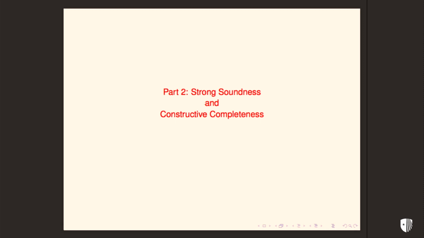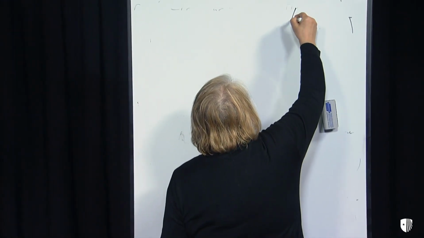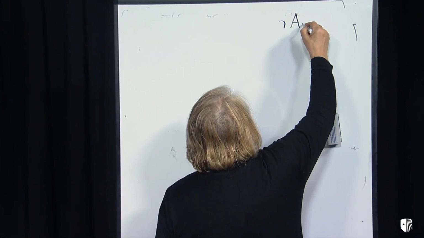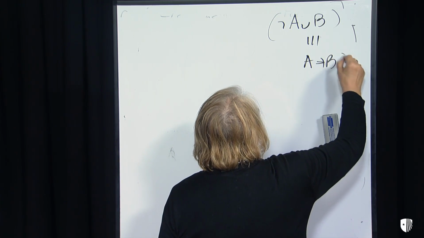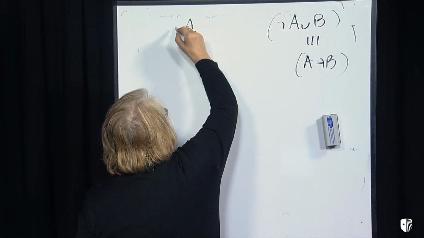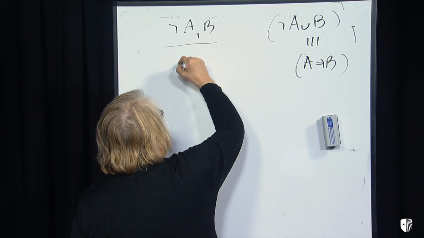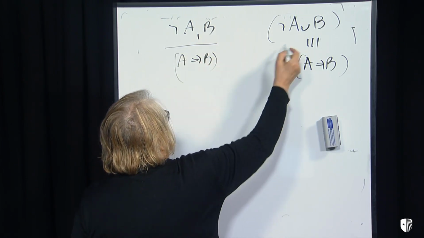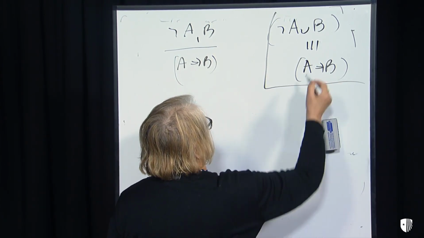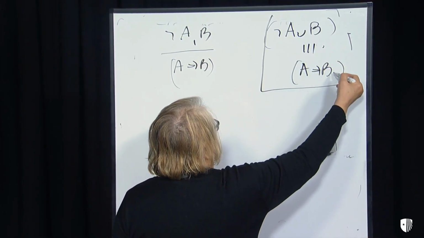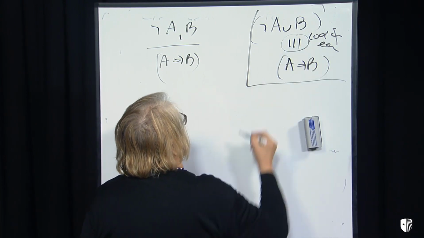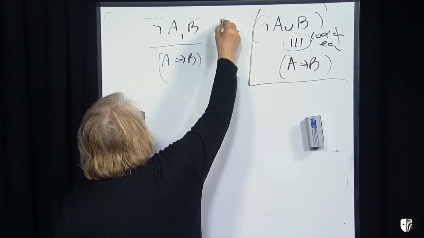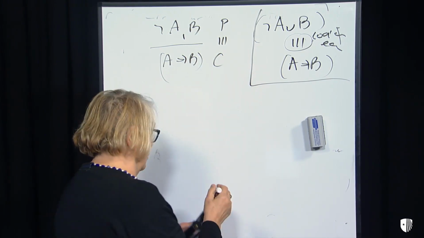Remember when I was writing, when we looked at how to remember the rules, I was writing, for example, something like that. ¬A ∪ B was logically equivalent to A implies B. It means here you have a premise, ¬A, B, and here you have the conclusion, and because in classical logic implication is logically equivalent to ¬A or B, this premise is logically equivalent to the conclusion.